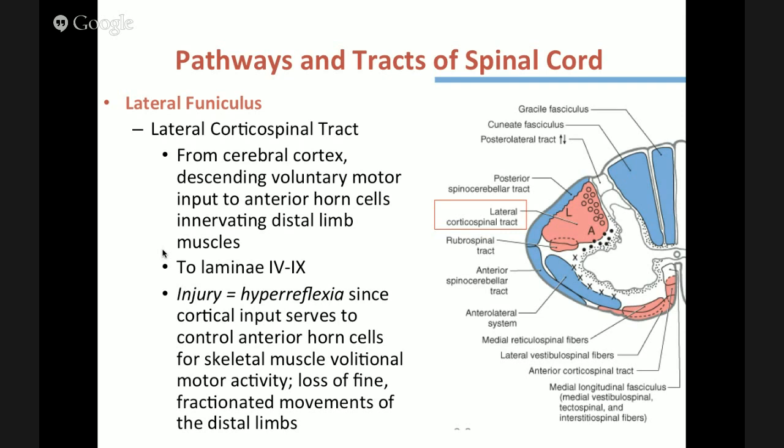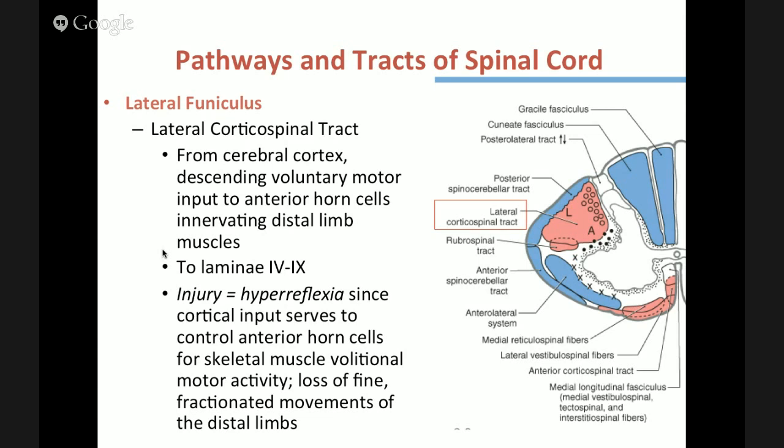The descending pathway, the lateral corticospinal tract, this is the main descending tract. It arises from different parts of the motor cortex. There are even components that arise from the primary somatosensory cortex that descend in this tract. And this is the primary pathway from the premotor and primary motor cortex, particularly involved, of course, in regulating the voluntary movements.